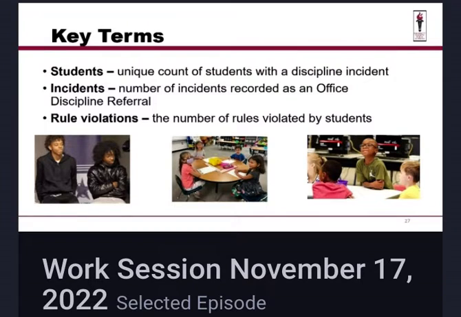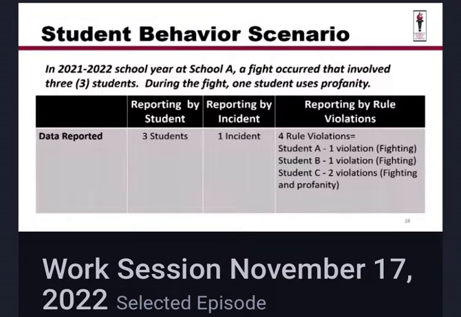And to better illustrate how these terms work together, we're going to walk through this student behavior scenario. So this scenario calls for, let's say, school A, that a fight occurred between 3 students. And as you know, in our code of conduct, a fight is a 5BB. That's a level 3, 4, or 5.